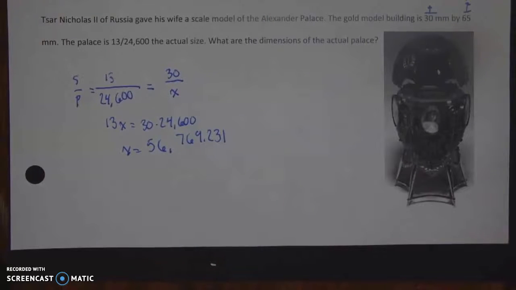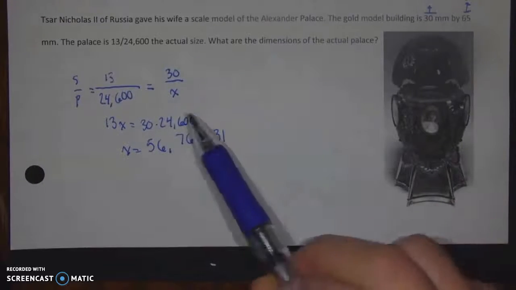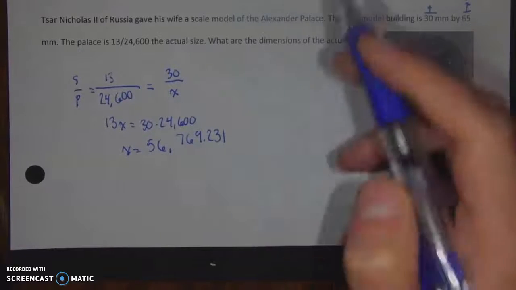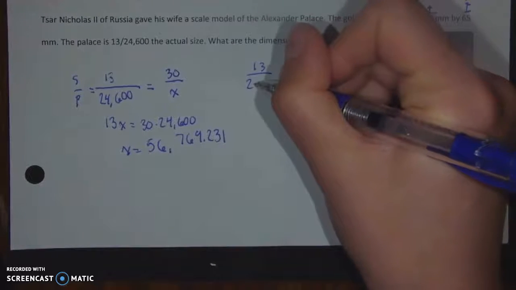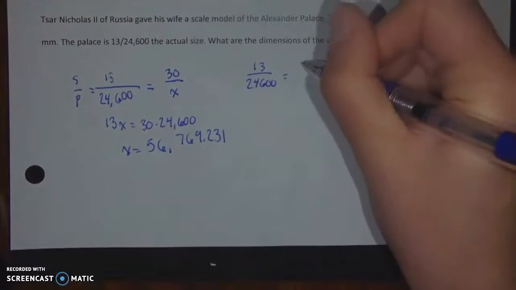That means that all I need to do is basically do the problem like I did it before, only replacing my 30 with 65 and my x with y. So I'm going to start again with this proportion and line everything up very carefully.